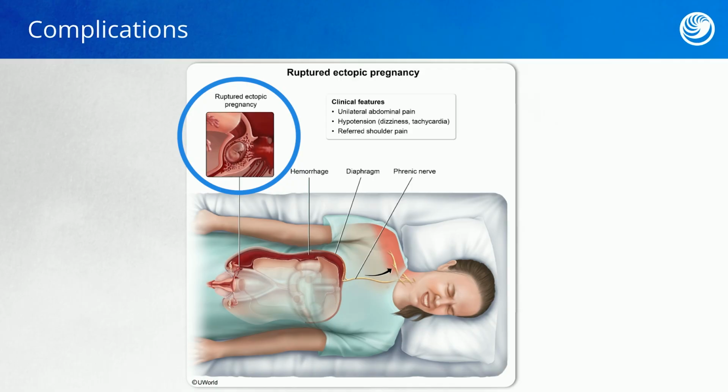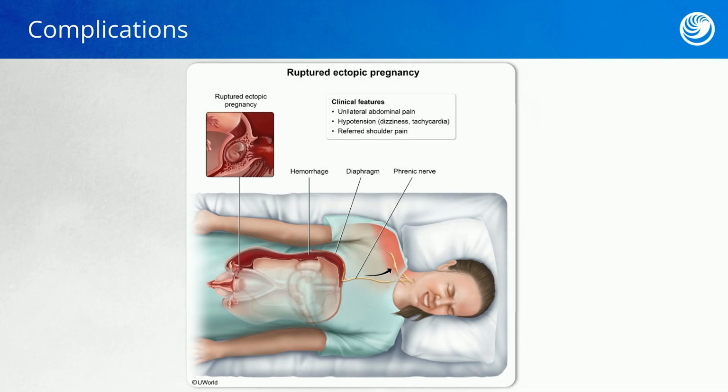Because the symptoms of an ectopic pregnancy can be subtle until the fallopian tube ruptures, it's important that every woman who comes to the emergency department with abdominal pain have a pregnancy test performed. Because there is so much blood flow going to the fallopian tube and feeding the pregnancy, any rupture in the fallopian tube can cause massive amounts of bleeding.